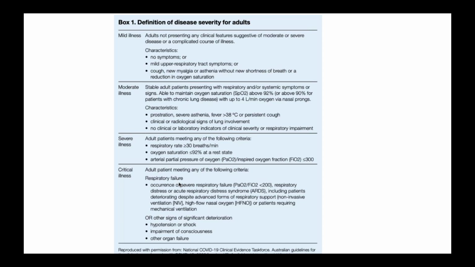No symptoms, or people who are asymptomatic, or mild upper respiratory symptoms. People can have cough. They might have a little bit of shortness of breath on exertion, but they're not breathless with minimal exertion, and they're not meant to have a reduction in oxygen saturation. Obviously, that's a little bit problematic because most people we would evaluate in general practice don't actually have oxygen saturation meters at home.